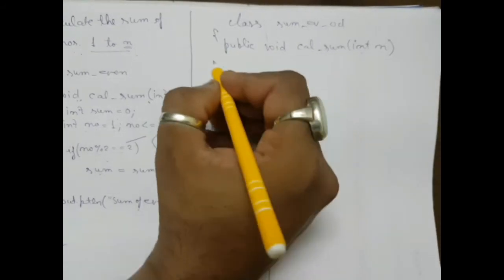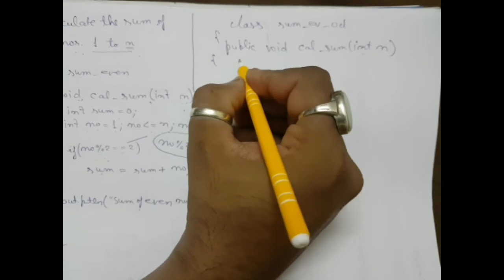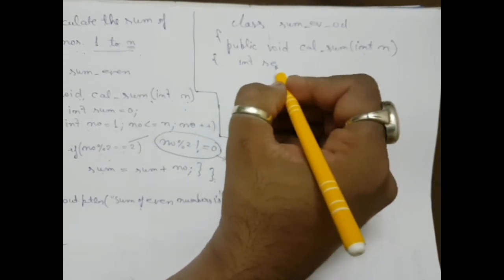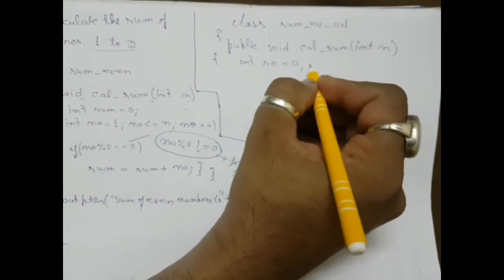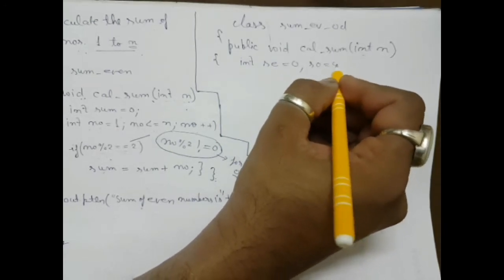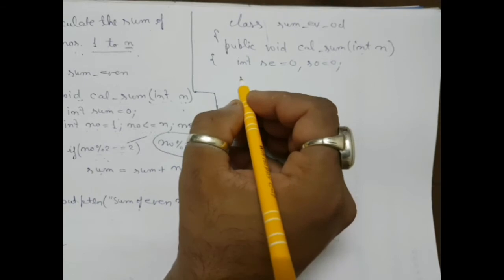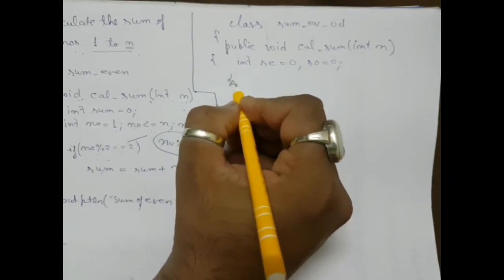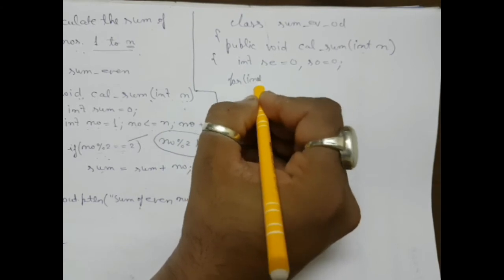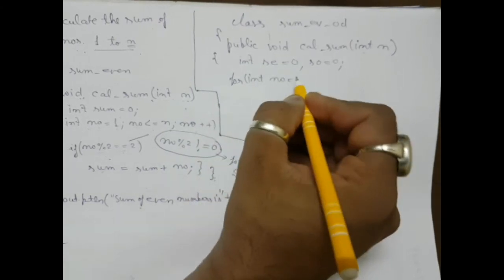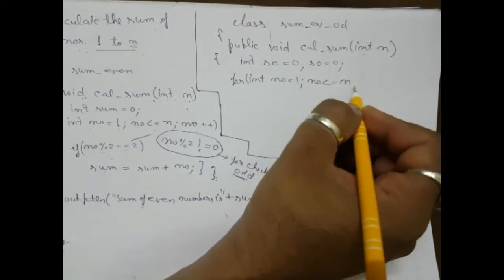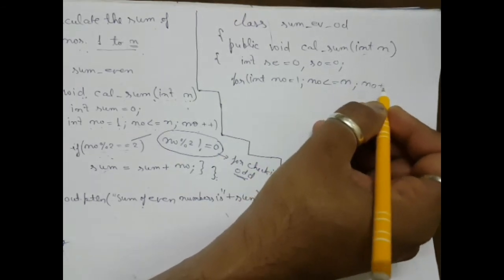All right, now here I take two variables, very important, SE for sum of even numbers and SO for sum of odd numbers. Now I start the process. For int no = 1, I have to check up to n, so n is here, increase by 1.